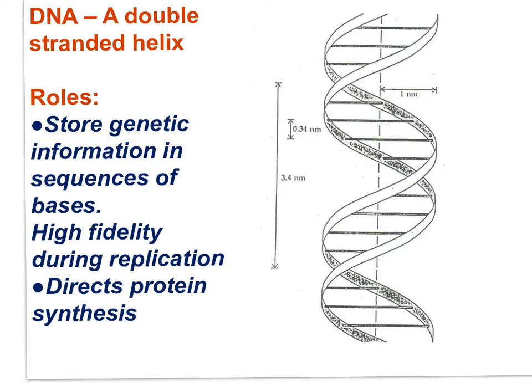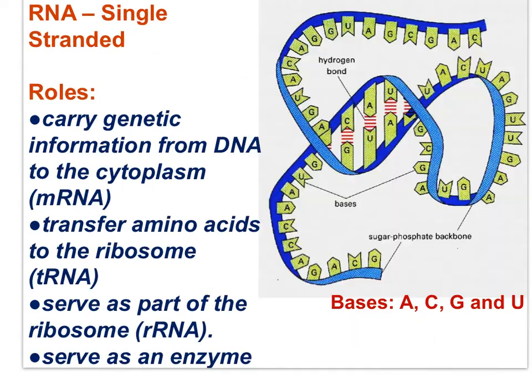DNA is a double-stranded molecule and has the role of storing hereditary information and directing the synthesis of protein. RNA is a single-stranded molecule, and its single-strandedness allows RNA to assume various shapes. With flexibility in shape, RNA has various roles to play in the synthesis of protein, including messenger RNA, transfer RNA, and ribosomal RNA.